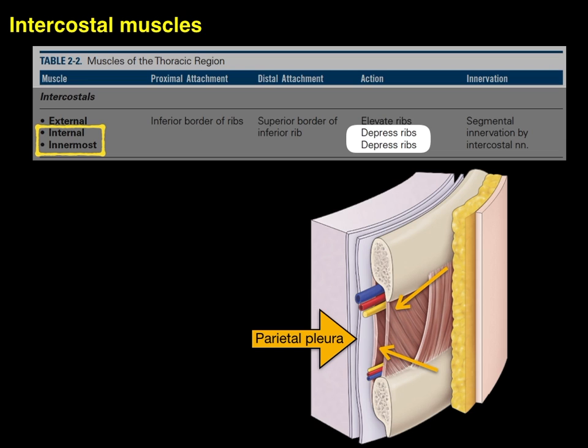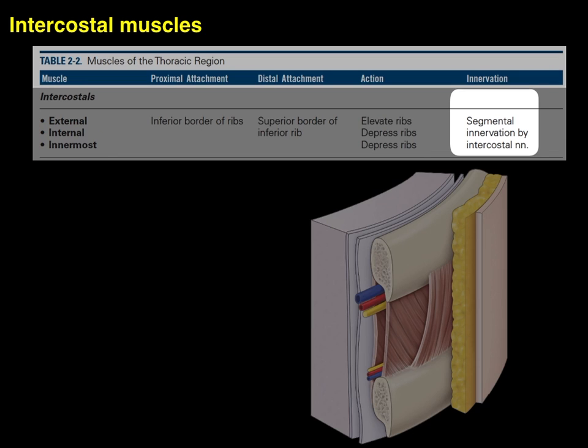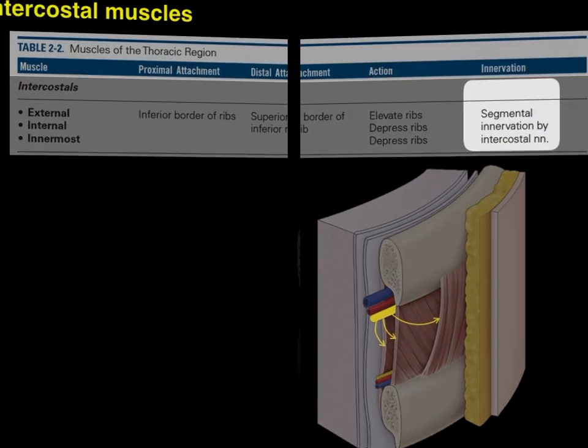And so it doesn't become weak in those areas. That's its primary purpose. Now, these intercostal muscles are segmentally innervated by intercostal nerves. So there in yellow is an intercostal nerve, and it sends off these motor neurons to the external intercostal, internal intercostal, and innermost intercostal muscles.